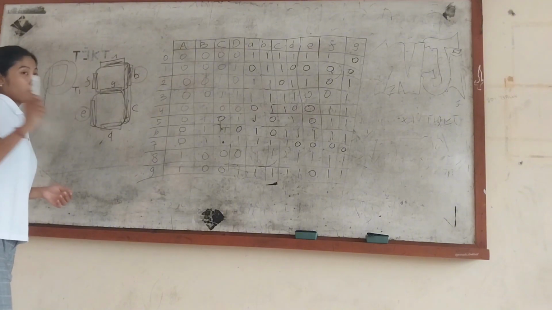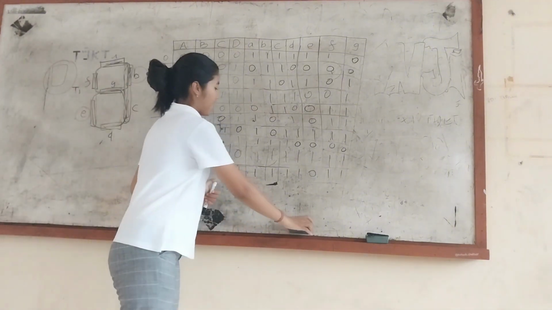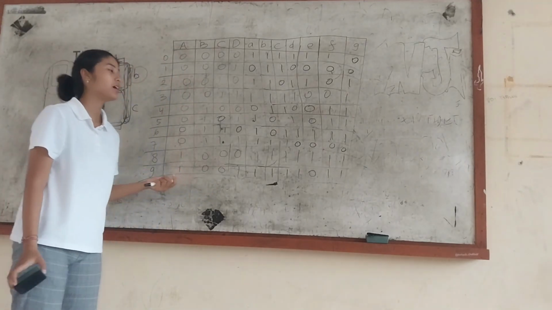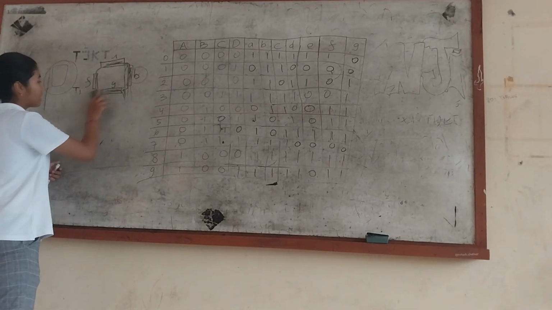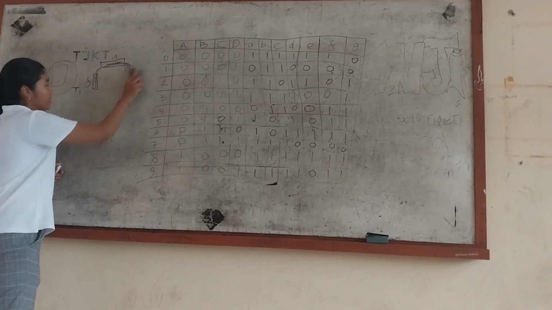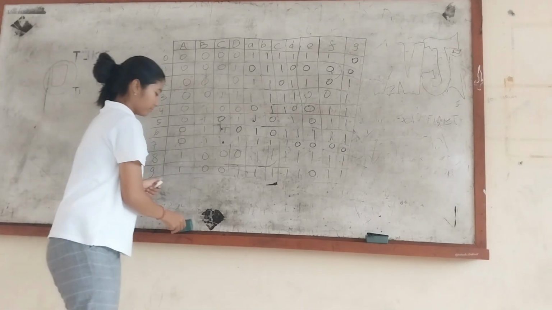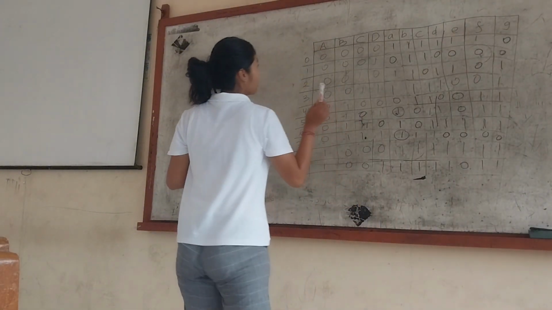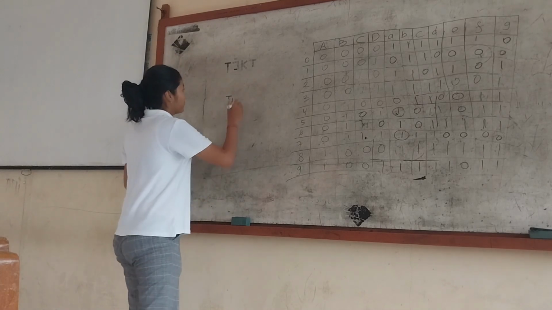Now we can move to make a Karnaugh map and simplify with Boolean algebra, and lastly I will make the circuit from the simplified expression. So now I will tell you about the A Karnaugh map.